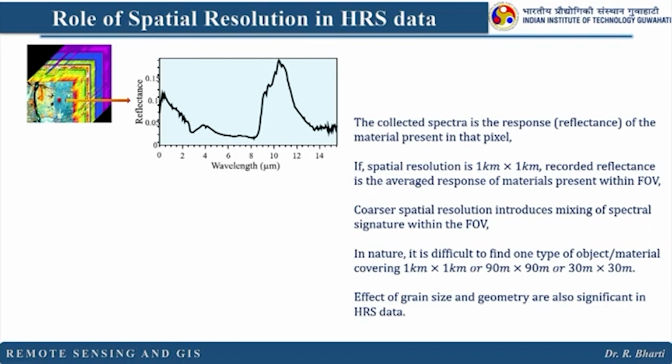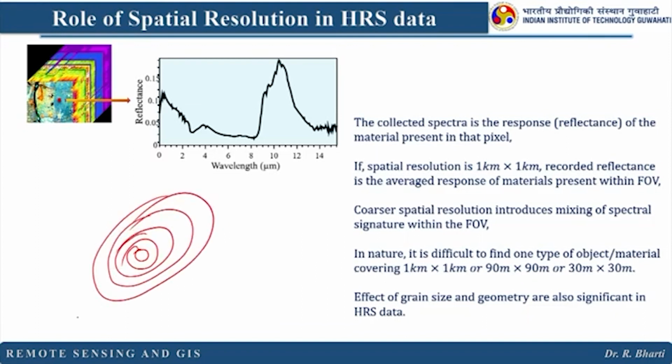The effects of grain size and geometry are also significant in hyperspectral remote sensing data. Suppose you take 1 kg of quartz, 1 kg of mica, 1 kg of feldspar, and arrange them in a regular manner, or maybe in a circular manner, alternatively, right.